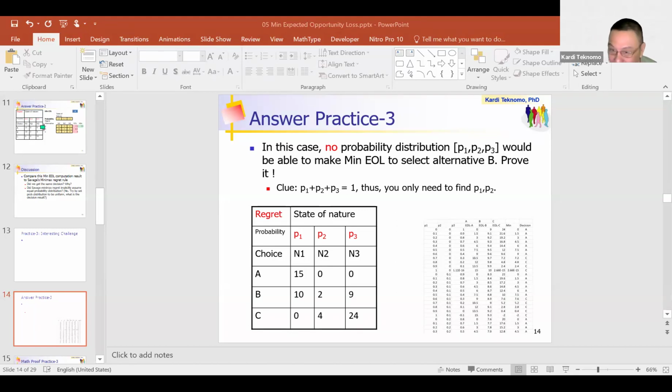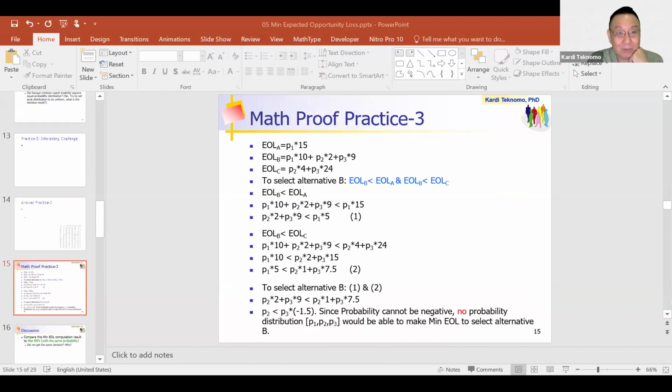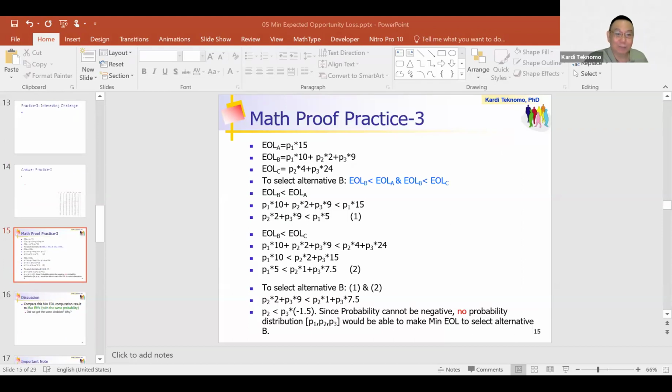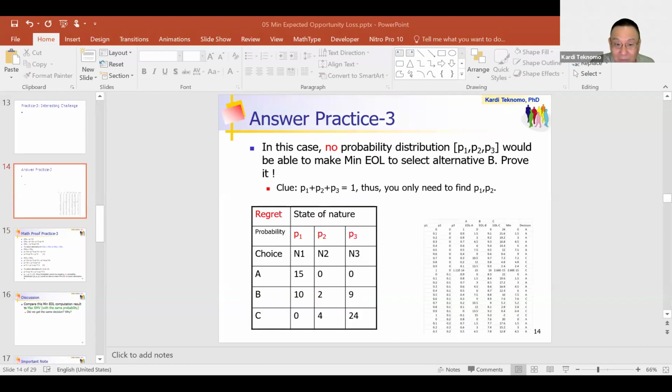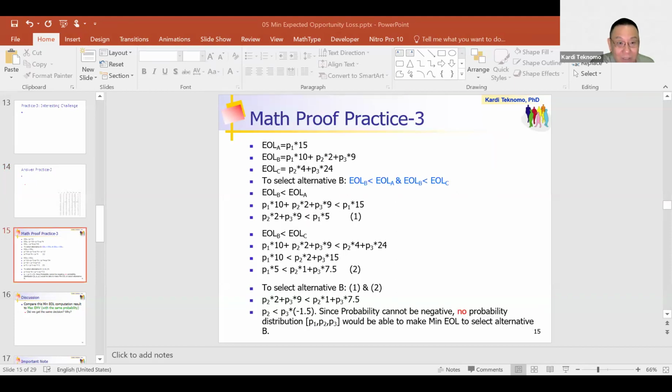But there is a possibility that a small probability makes it P and you miss it, so we need to prove it mathematically based on the values. The AOL of A, B, and C is based on the regret values, 15, 10, 9.